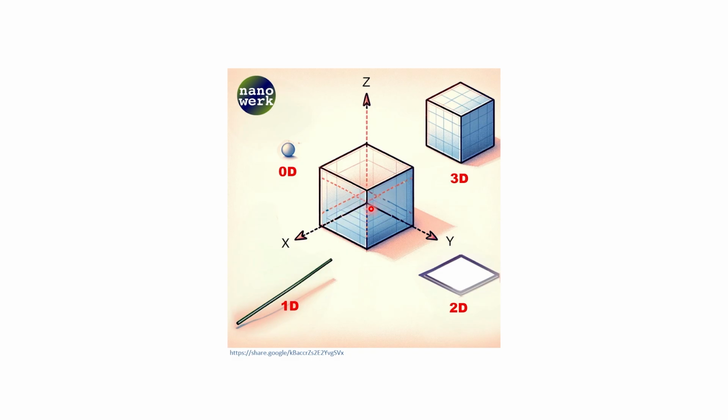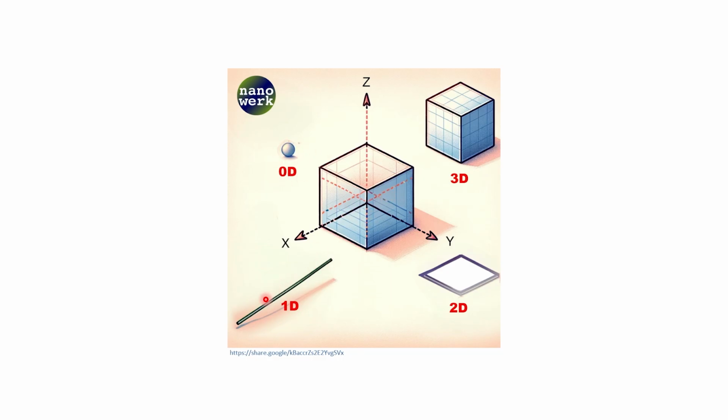Now, remember the definition of nanomaterials, where at least one dimension has to be in the nanoscale. So, at least one dimension has to be of the size 10 to 100 nanometer, but the length and the width can be other things. That is the 0 dimensional nanomaterial.